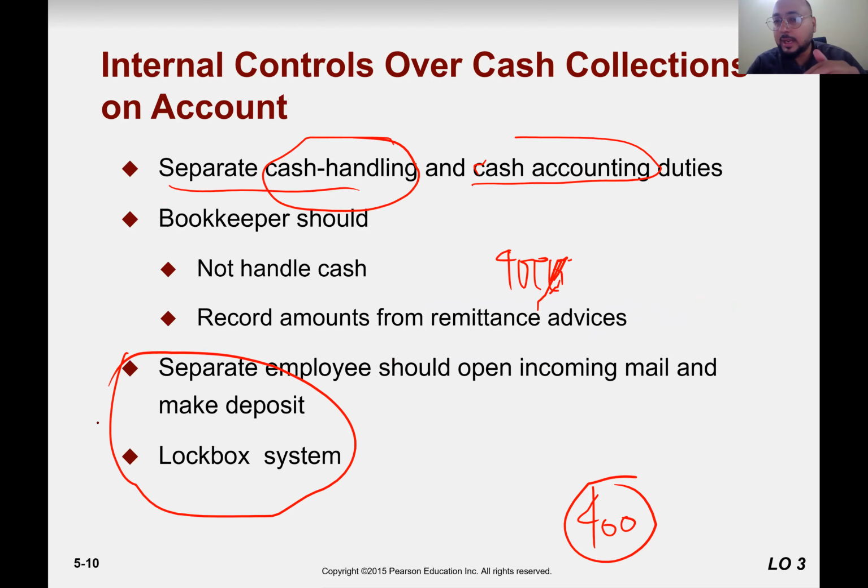So they can send the checks to a lockbox system at the bank. They can directly deal with the bank, or the customer goes to the bank and deposits money of whatever he owes you, and the bank will notify you, okay, this customer has paid the money. Only the accountant needs to record it. That's it, right? So this is called the lockbox system.